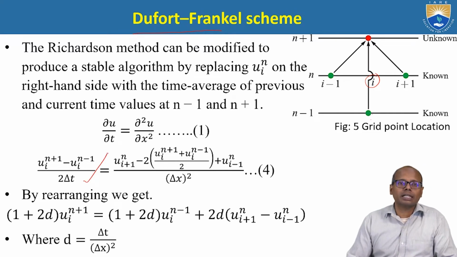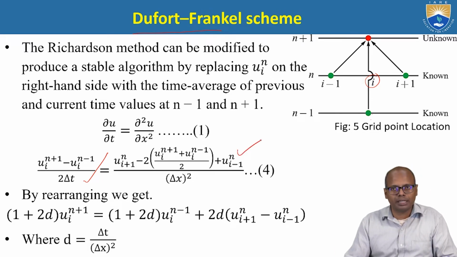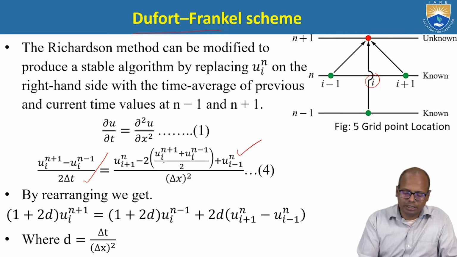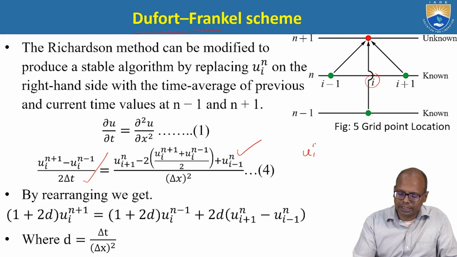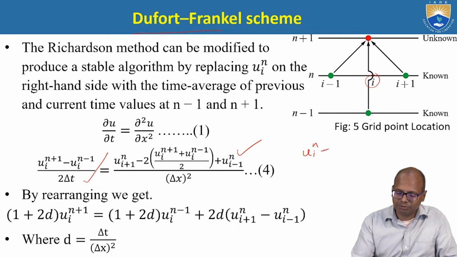This is a central difference in time, and in central difference in space, they have taken u_i^n, the term that we had in the central difference equation previously. Now in place of that, they have taken (u_i^(n+1) + u_i^(n-1))/2.